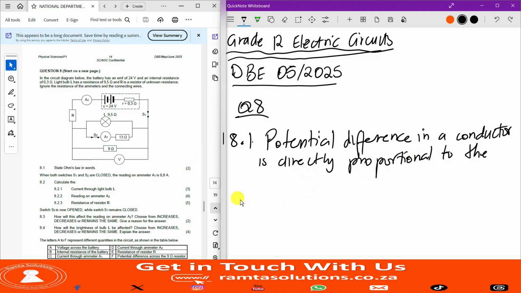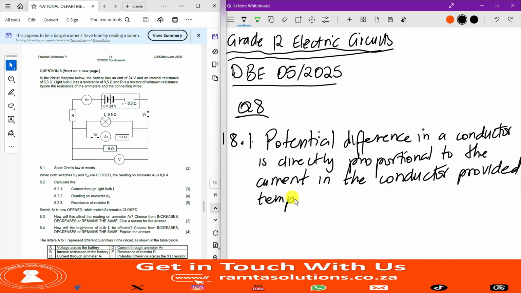So we say the potential difference in the conductor is directly proportional to the current in the conductor, provided that temperature remains constant. Okay, perfect.